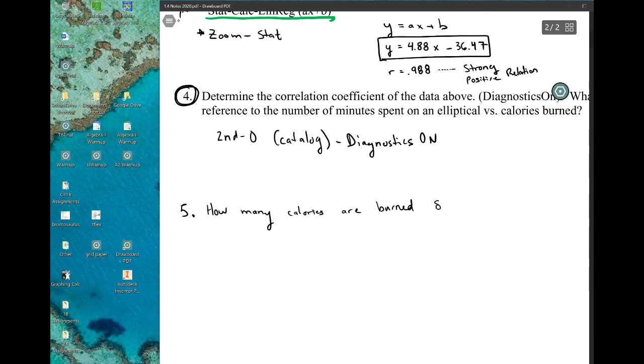Well, we can just use our equation of the line of best fit and substitute in 80. So 4.88x, we're actually going to use 80 for x, and minus 36.47. That'll tell us how many calories we burn over that amount of time.